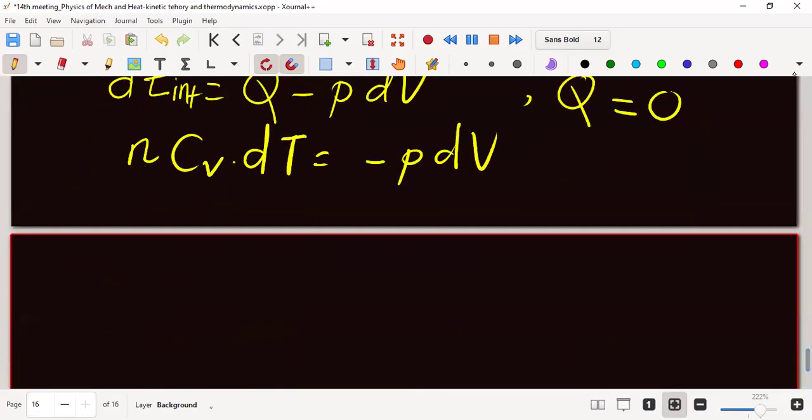And then we can write n dT is minus P dV divided by Cv.